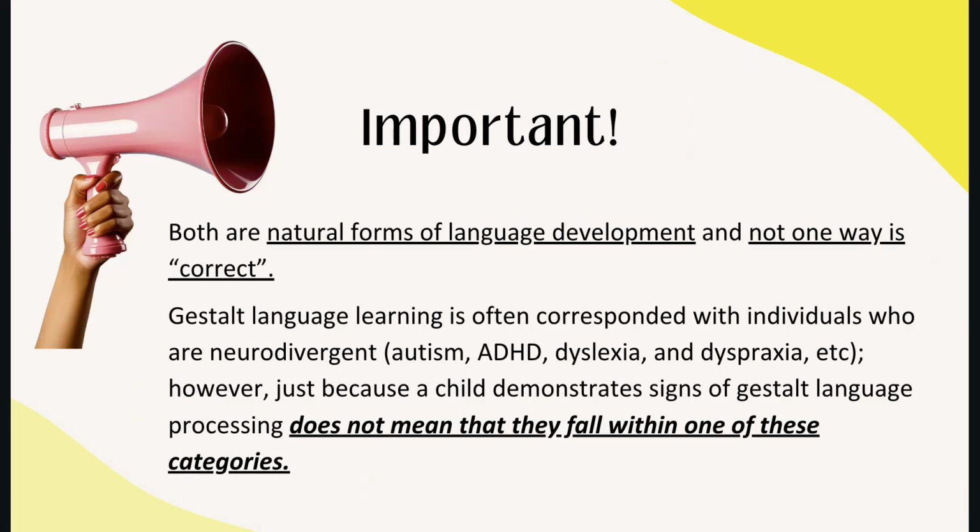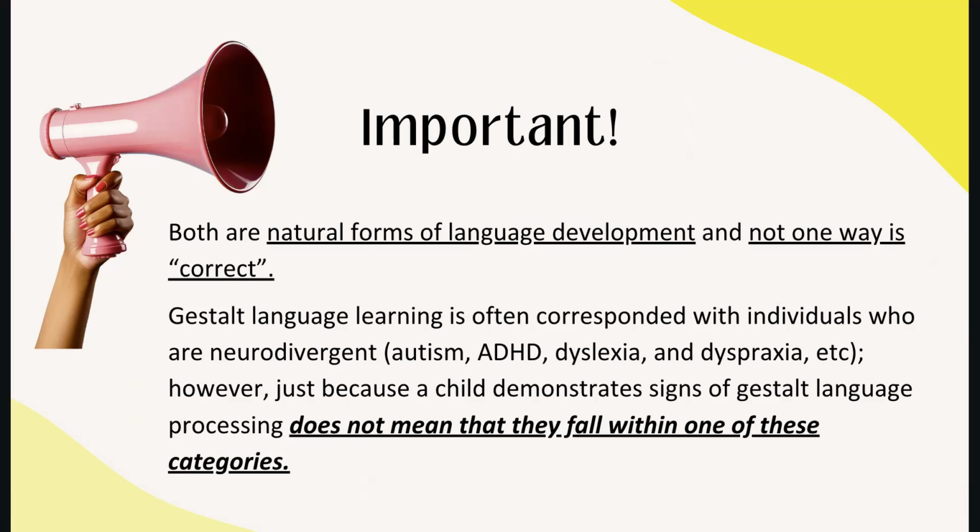So it is so important to note that both types of language processing are natural forms of language development, and not one way can be labeled as correct. Gestalt language learning is often corresponded with individuals who are neurodivergent. So that would mean anybody with autism, ADHD, dyslexia, dyspraxia, anything like that, that would fall within the neurodivergent population.